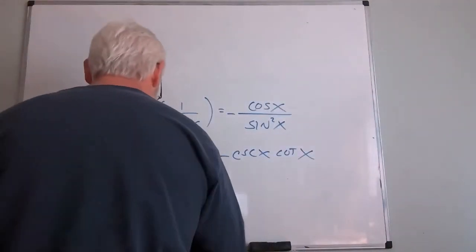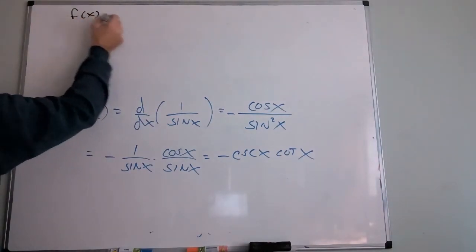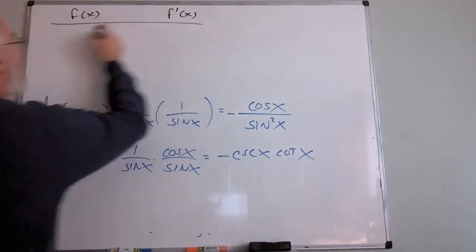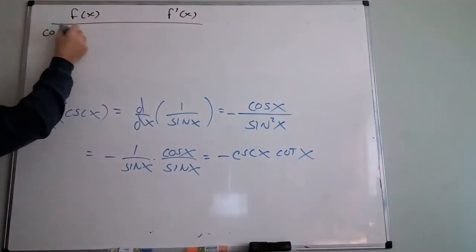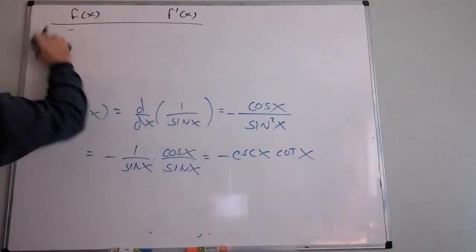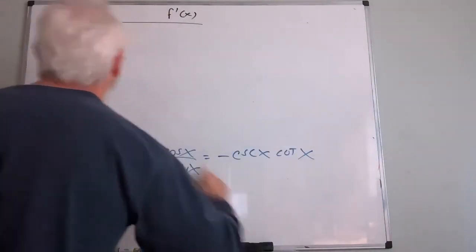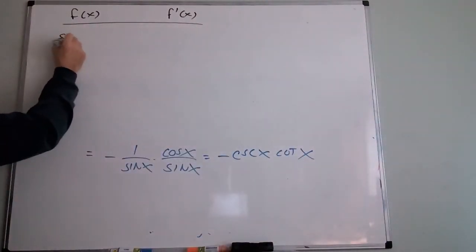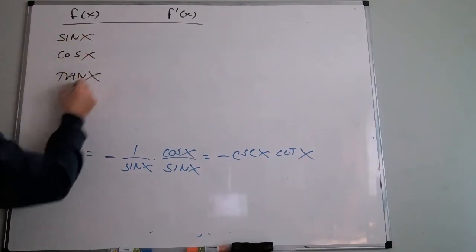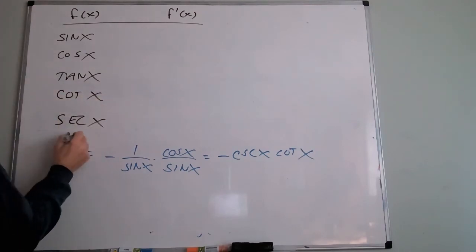Okay, so let's write them down. Okay, I'll write it like this. This is my f of x, and this will be f prime of x. Actually, I'm sorry, let me start with sine. Let's do it this way. My f of x is sine, cos, tan, cotan, secant, cosecant.